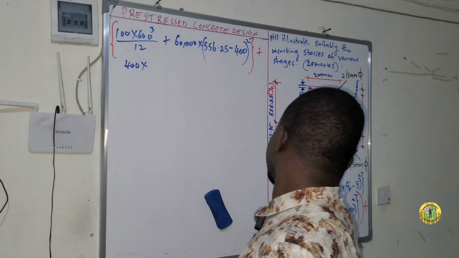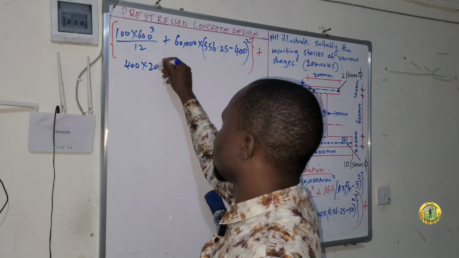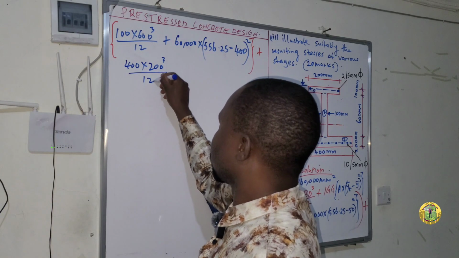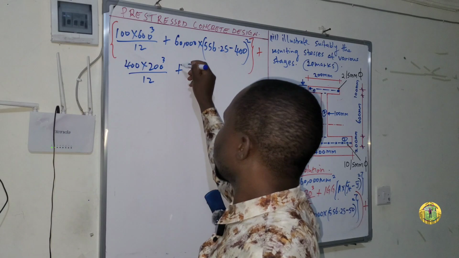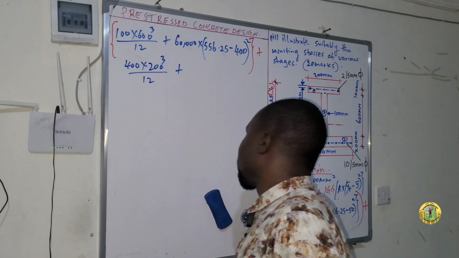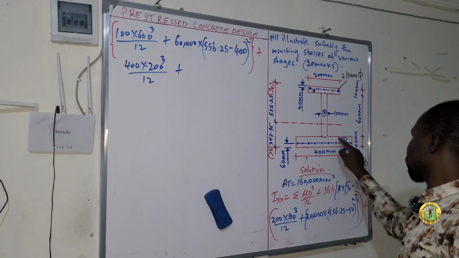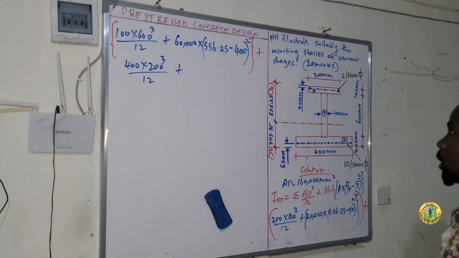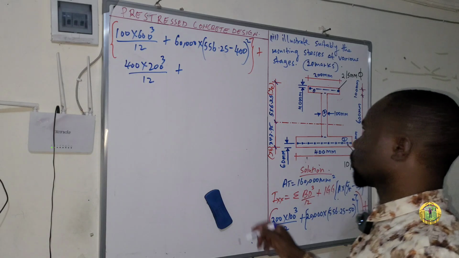Then plus the area of this portion, which is 400 times 200. So that is 80,000.